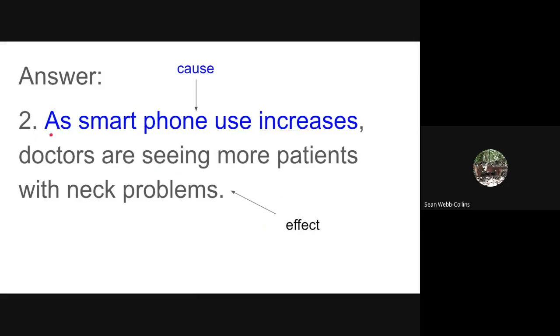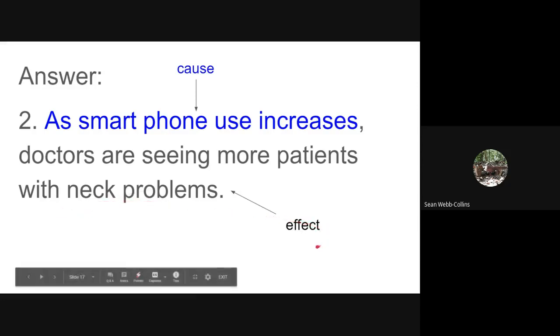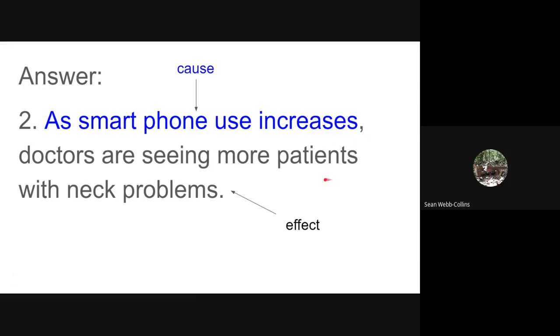So, as smartphone use increases is the cause, and doctors are seeing more patients with neck problems is the result. We have the dependent clause at the beginning, followed by the main clause, and divided by the comma.